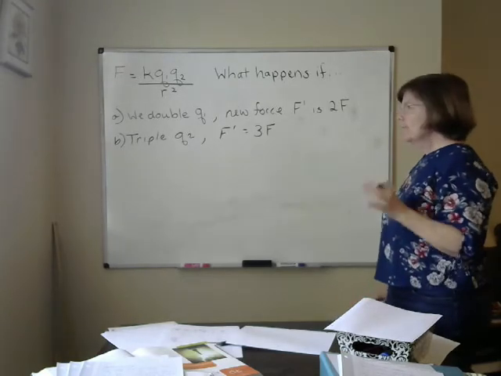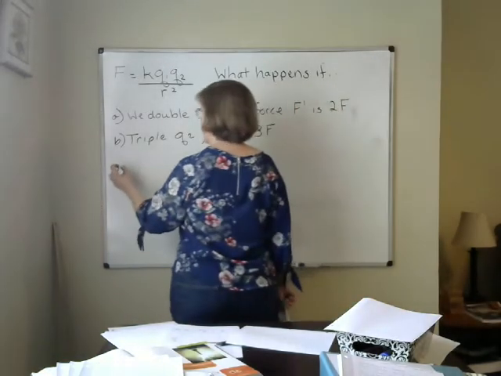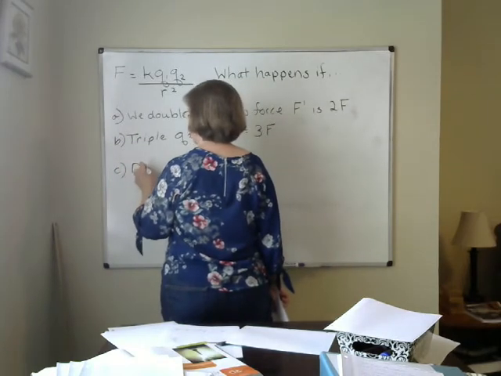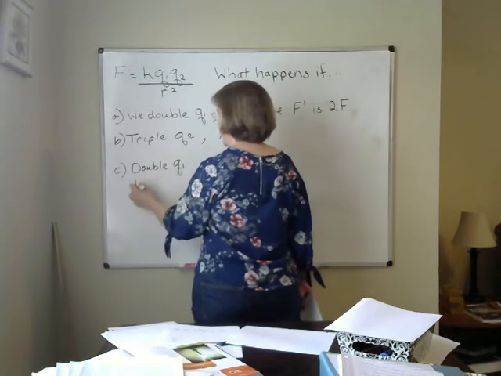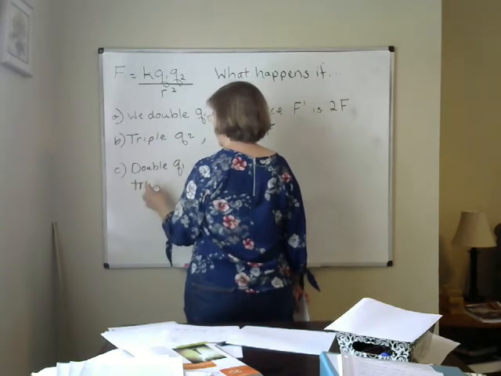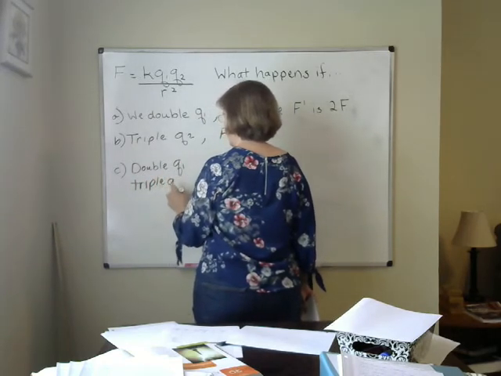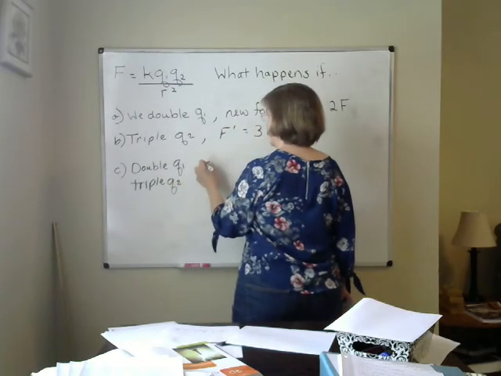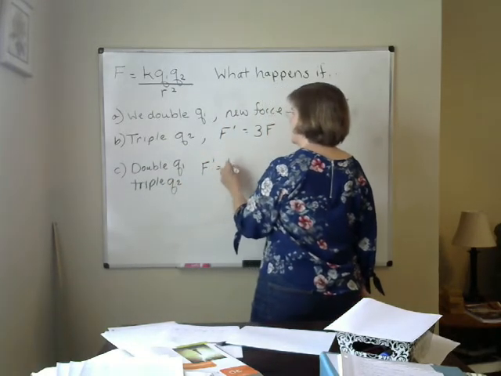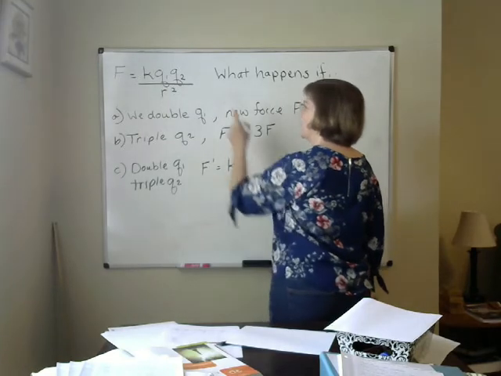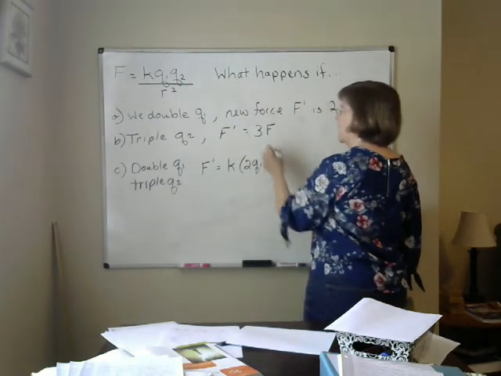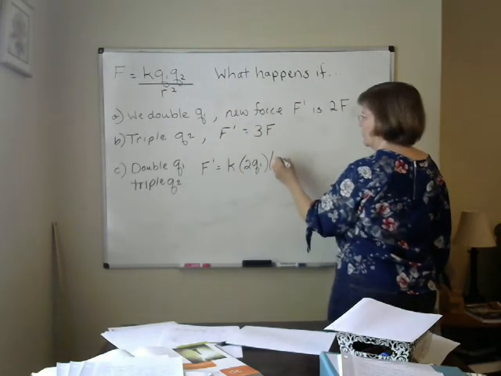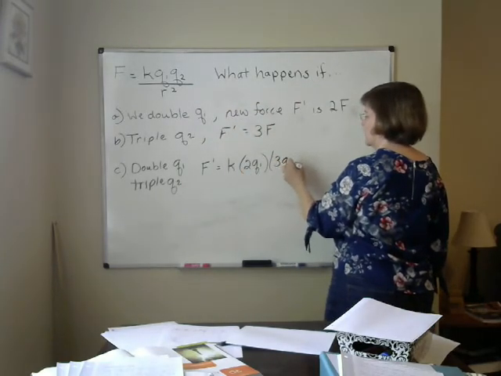In fact, we could do both of those. If we double Q1 and we triple Q2, then my new force looks like this. We didn't change k, but Q1 we changed to twice as big, and Q2 we changed to 3 times as big.